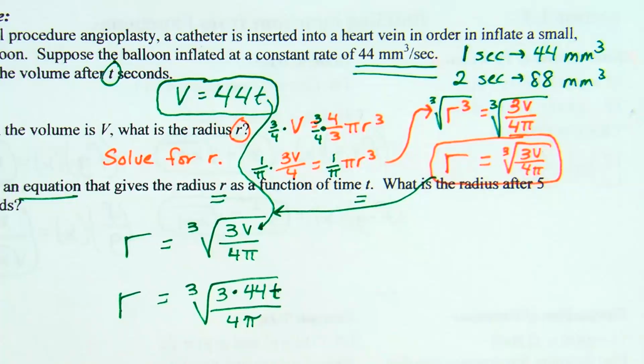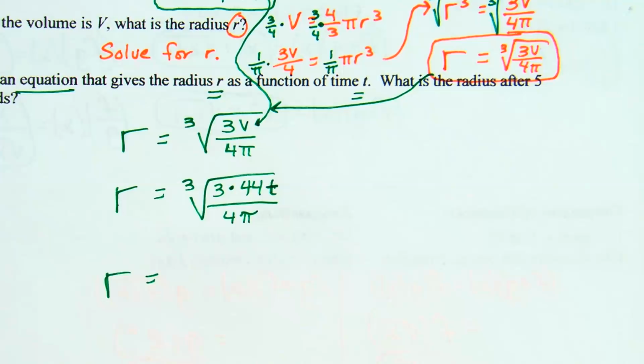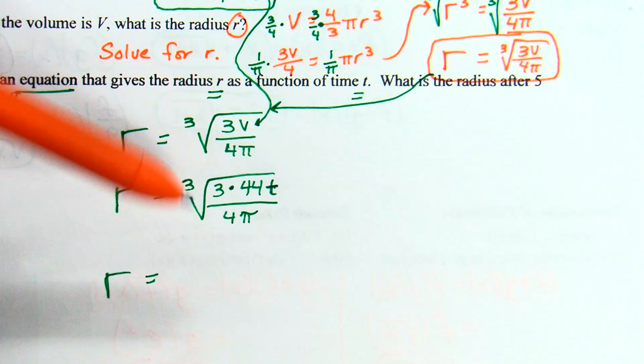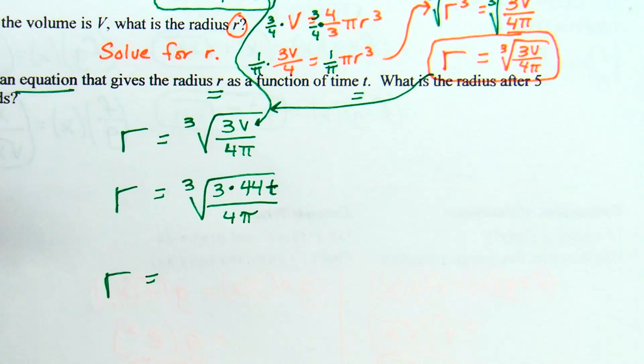All we have to do is clean that final thing up a little bit. Me personally, before I do 3 times 44, I'm going to look vertical. What do you see vertically that you can do? Is there anything we could cancel?